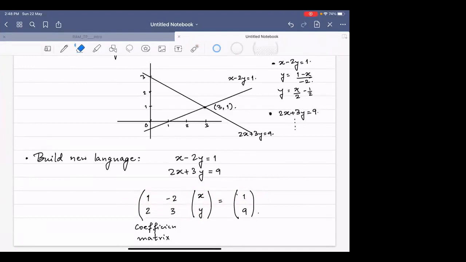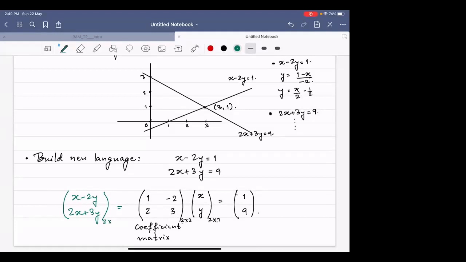If you matrix multiply these two, this is a 2 by 2 matrix and this is a 2 by 1 matrix. If you multiply these two out, the resulting matrix is x minus 2y and 2x plus 3y. And the dimensions match up according to expectations, right? 2 by 2 multiplied by 2 by 1 is 2 by 1.